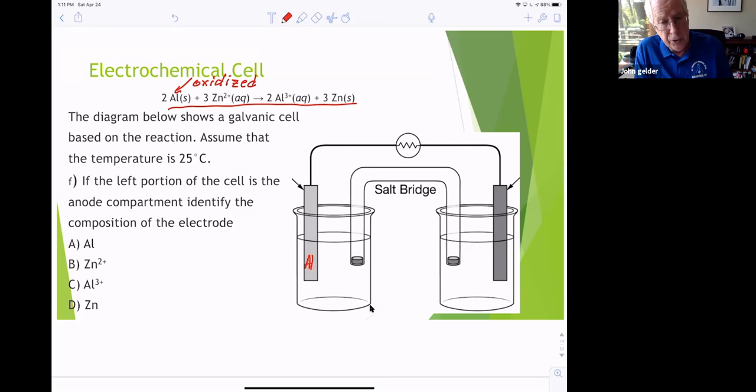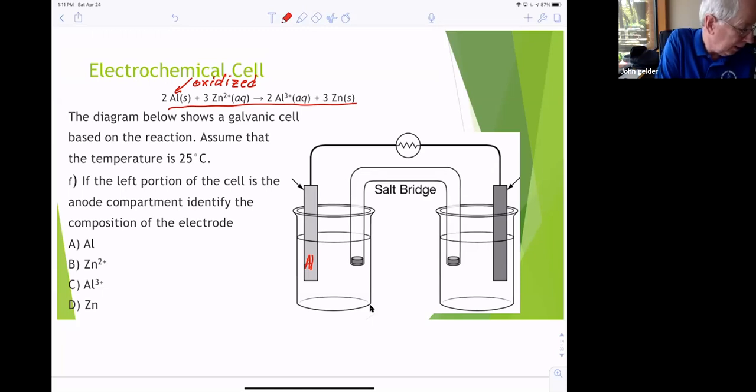Batteries, electrochemical cells, have 2 electrodes, and electrons will flow between the anode and the cathode. The important characteristics of anodes and cathodes are that they must be able to conduct electrons, and so we make sure they're metals. In this particular case, the anode is aluminum.